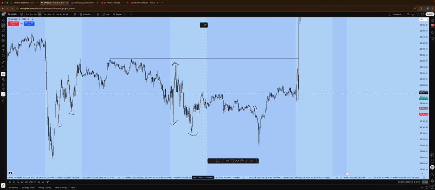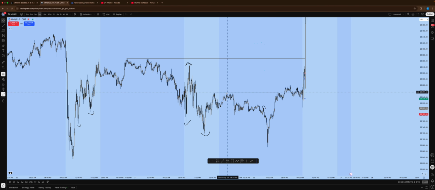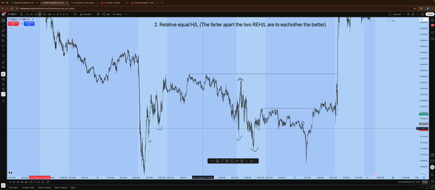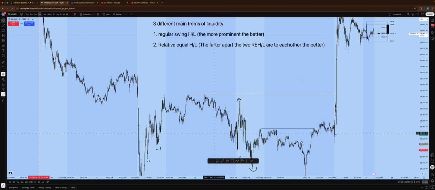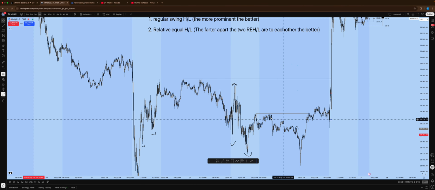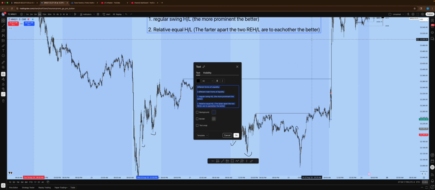Well, this would be on a lower time frame, but we can see it on the 5 minute. This is a really good form of liquidity down here. This is almost quadruple equal highs. I mean, that's just so sexy. Yeah, these will be one of the main forms of liquidity you're gonna want to look at and target.